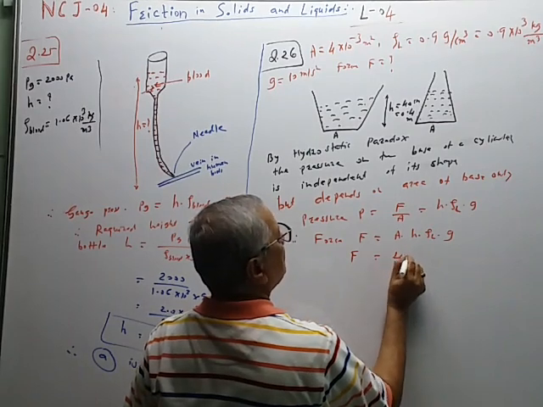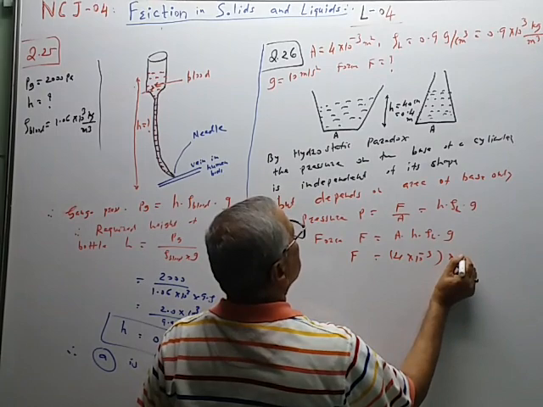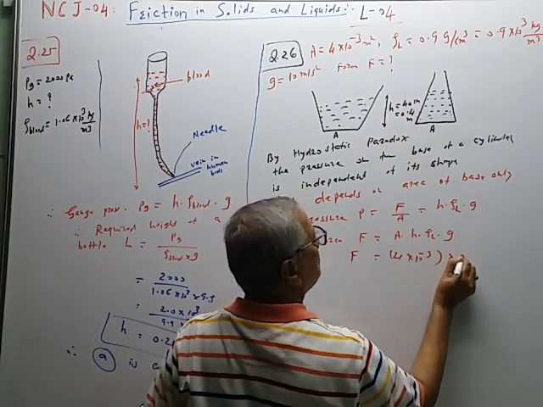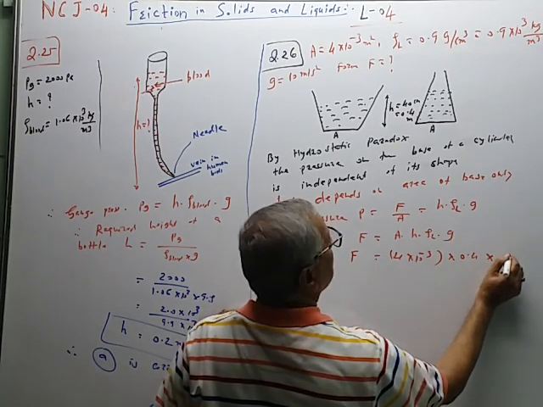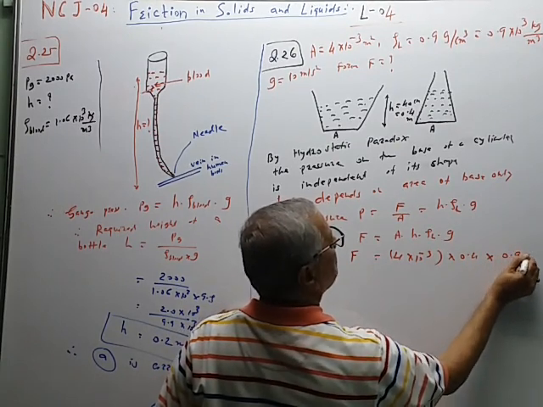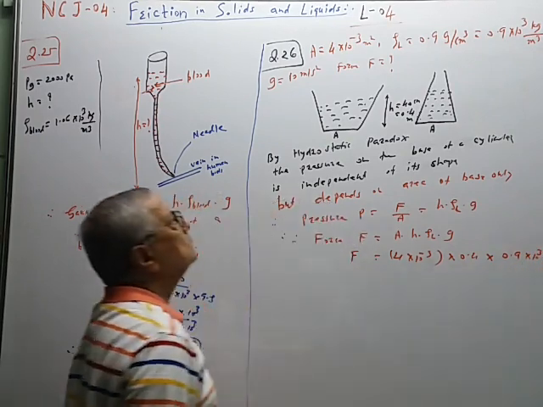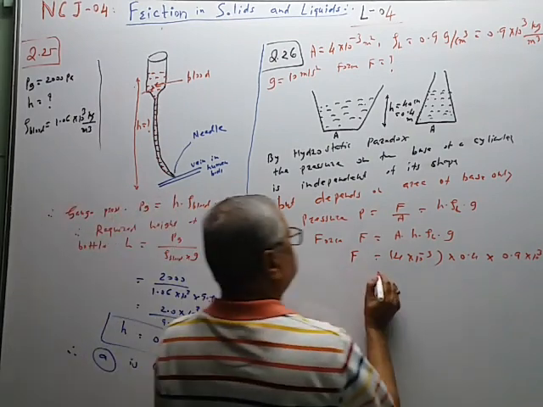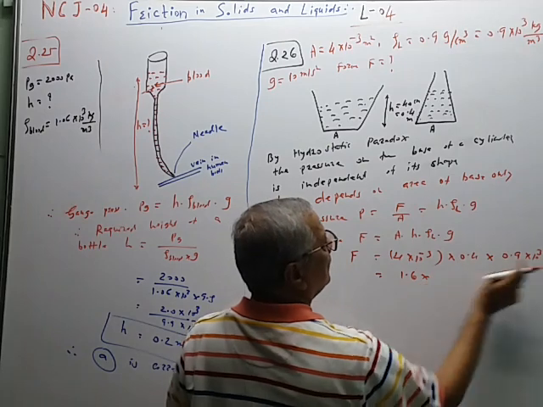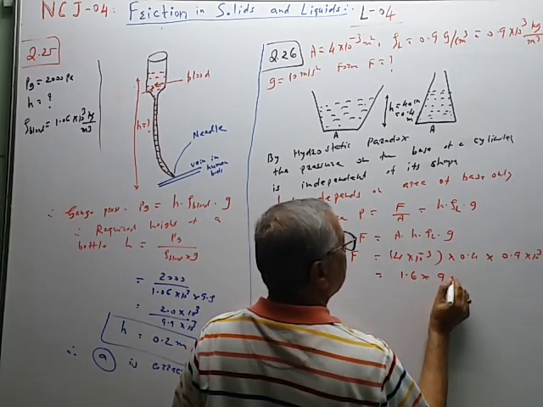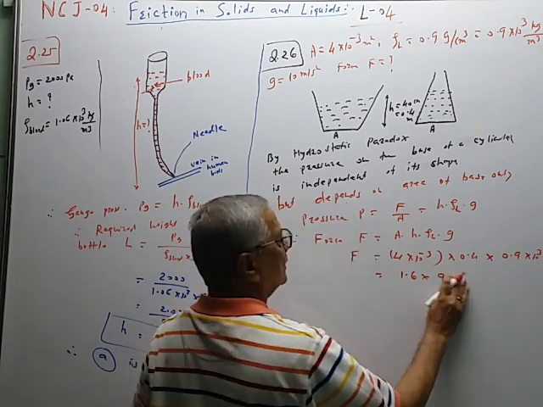So 4 into 10 raised to minus 3 multiplied by h, this is 0.4 meter. Density of the liquid is equal to 0.9 into 10 raised to 3 and g is equal to 10. So 4 into 0.4 is equal to 1.6. 10 into 0.9 is equal to 9, and 10 raised to minus 3 and 10 raised to plus 3 cancel.